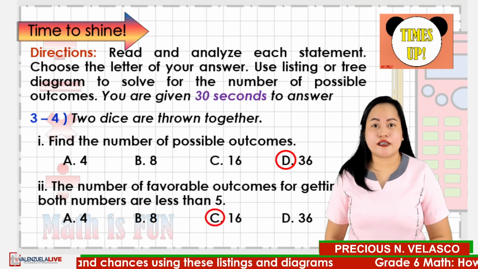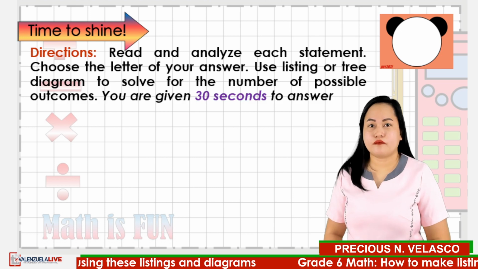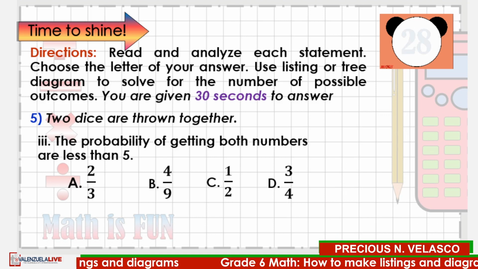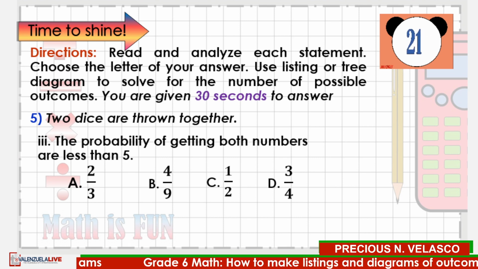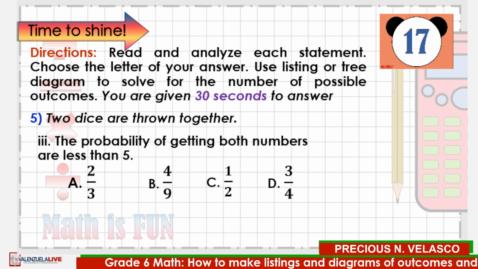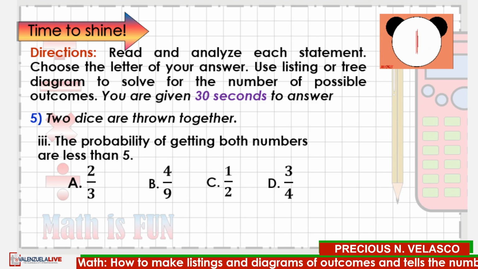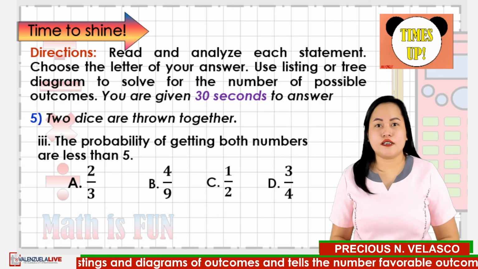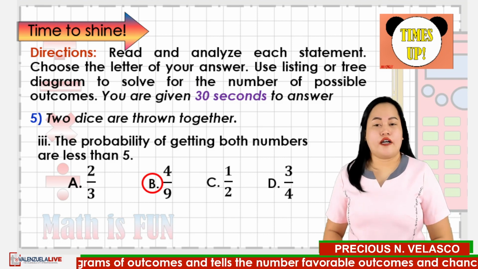And if your answer is letter C, you're also correct. Next, for the last number, another 30 seconds. Okay, if your answer is letter B, then you are correct.